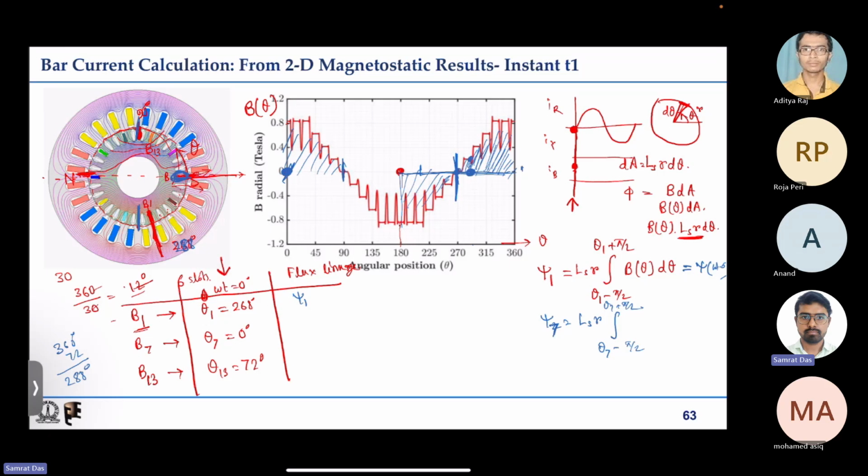So for B7, the flux linkage has to be, or how to calculate flux linkage, there probably I have done some mistake here. In order to calculate flux linkage by that B7 conductor, we have to take integration around that.